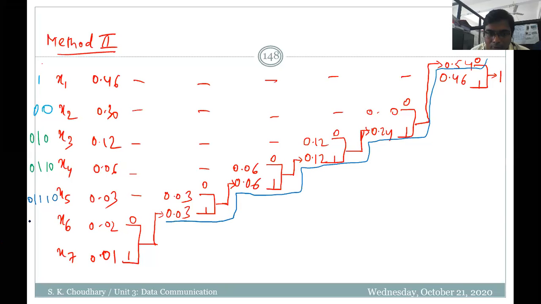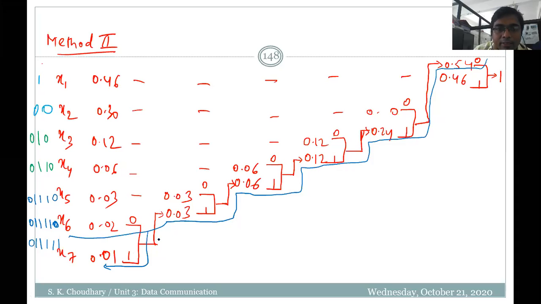So up to this point, 0, 1, 1, 1, 1, and then finally goes to 0 for x6. x7 will also have the same value 0, 1, 1, 1, 1, and the last one is just diverted here. So again 1. So this is the way that you can do the reverse tracing and find out the corresponding codes for the message symbols.